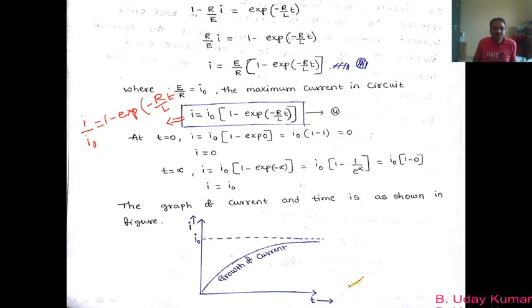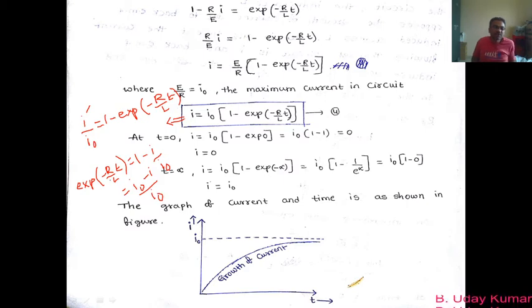And if I send the exponential to the left hand side and I by I0 to the right hand side, I get exponential minus R by L into t on the left, and on the right hand side 1 minus I by I0. On the right hand side if you simplify, you get I0 minus I by I0.